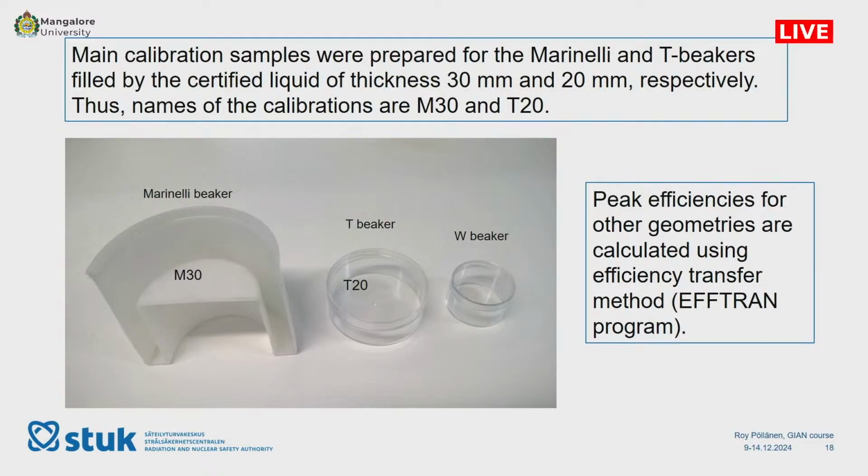And if we are using this geometry, this V beaker, double V beaker, then we use the efficiency transfer method. So only one calibration per detector. However, in case of Marinelli beakers, where the detector must fit in this hole, we have two calibrations. But for the rest of the detectors, only one calibration.